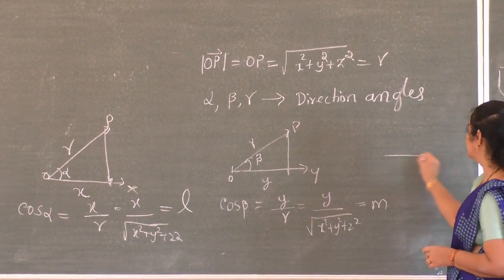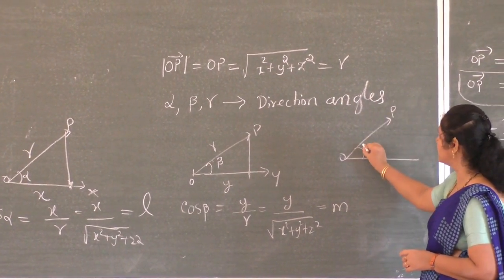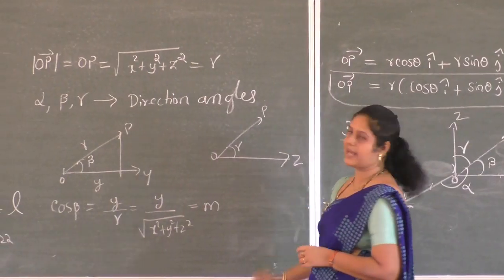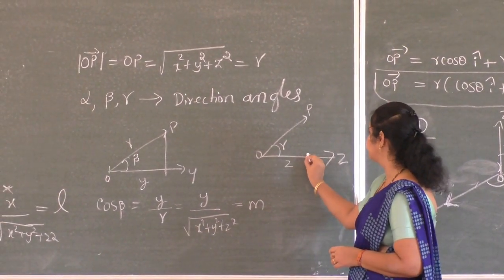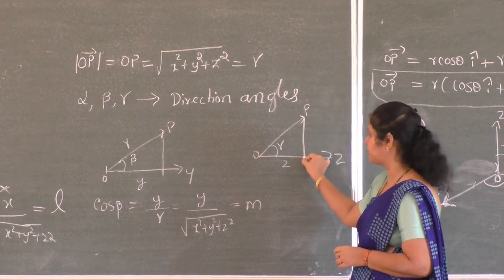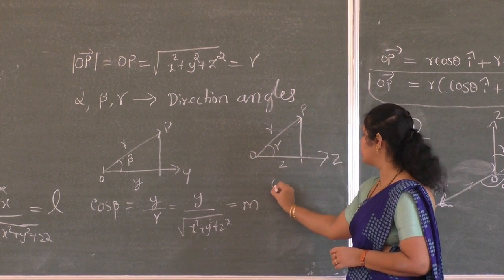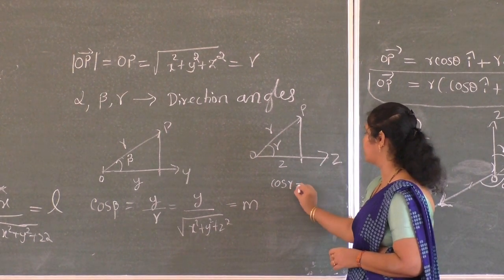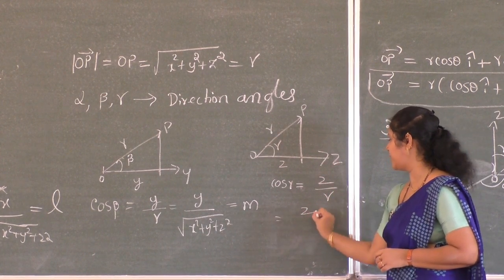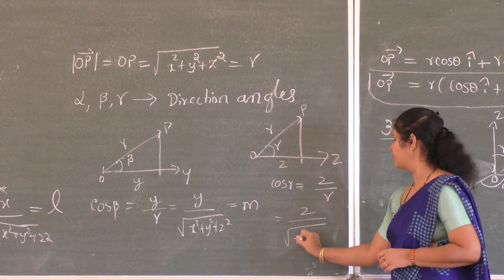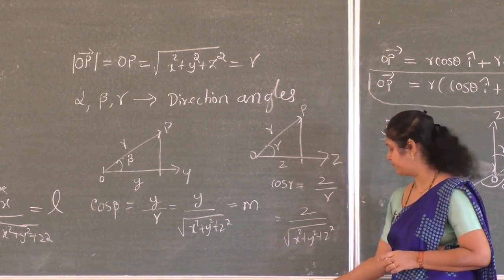Similarly, the vector OP makes an angle gamma with the z-axis. That means it moves a distance along the z-axis, with a perpendicular and the sides. So define cos gamma. Cos gamma is equal to z by r, or z by square root of x square plus y square plus z square.